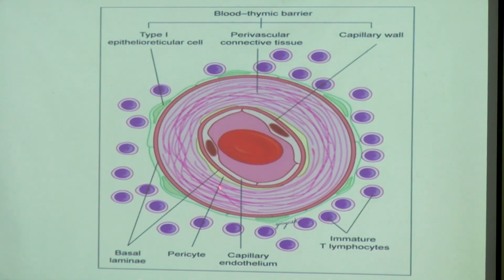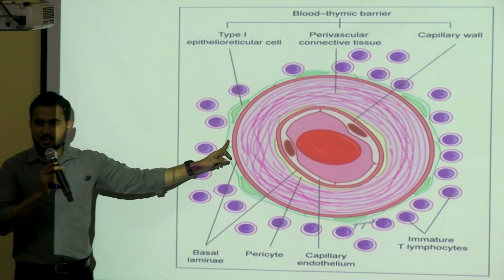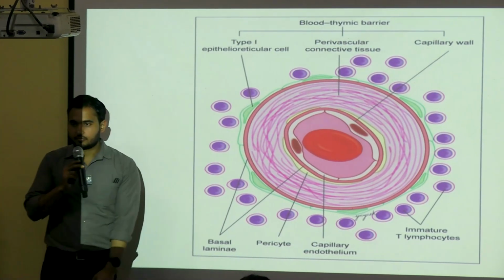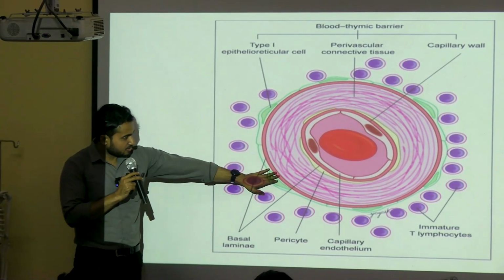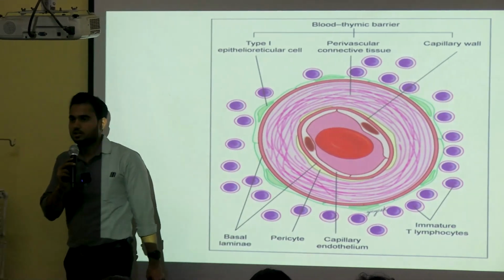Then this is the basal lamina, and after that you can see the type 1 epithelio-reticular cell. From here the thymus starts, the cortex of the thymus, and here you can see the T lymphocytes. Because of this barrier, T lymphocytes cannot reach the blood vessel.